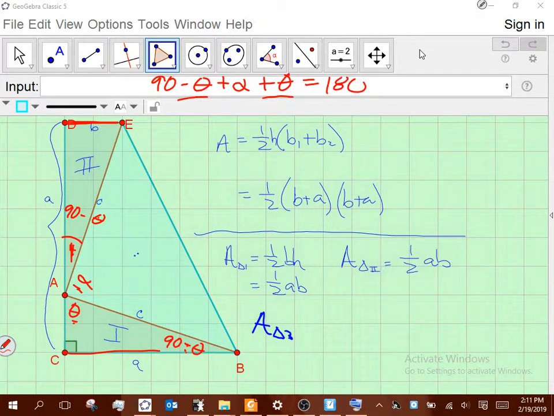They cancel out, right? So I got 90 plus alpha equals 180. What's alpha? 90. So that guarantees that that's a right angle. Why do I like that? Because now I know C is a leg or a base, and C is also a height, right? So I go 1/2 C times C to be that area.